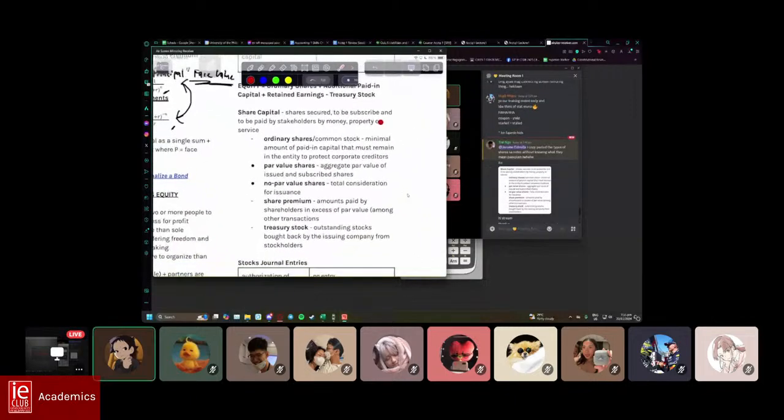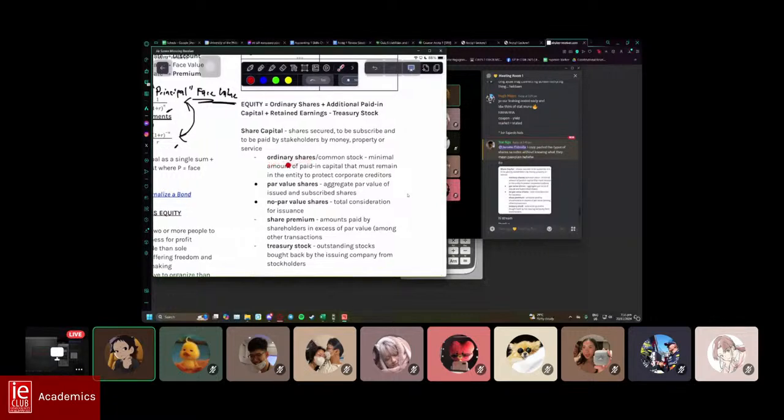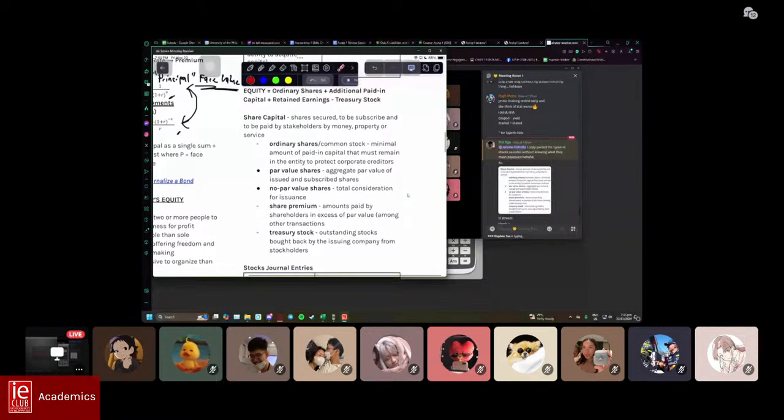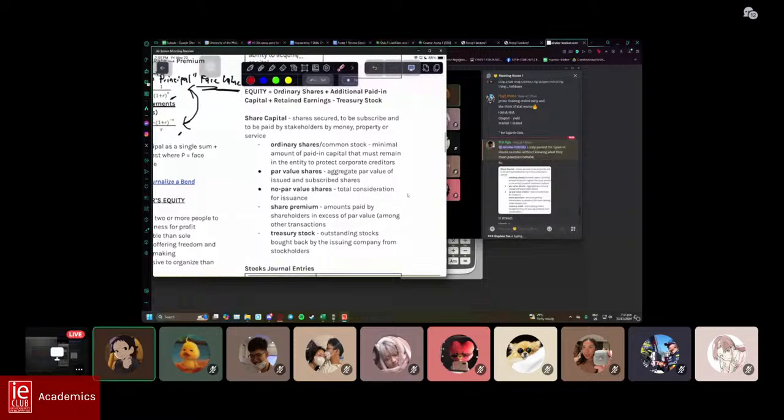Share capital: shares issued to be subscribed and paid by stakeholders with money, property, or service. So just ordinary shares and share premium. You can see it's here in equity. Additional paid-in capital is another term for share premium. Ordinary shares and share premium actually refer to a portion of the funds used to buy stocks. They're not technically different kinds of stock.